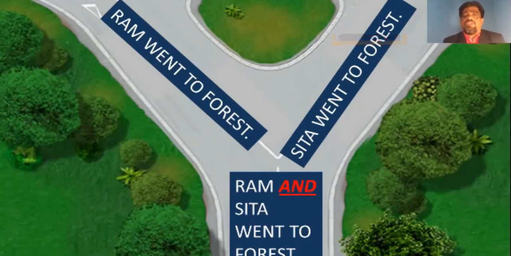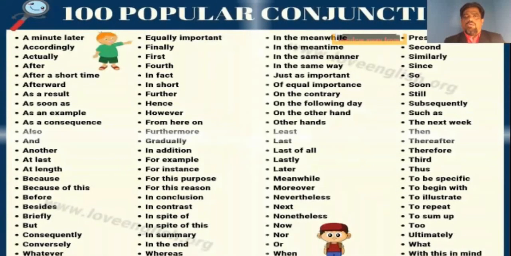Exactly that is the function of a conjunction. A conjunction is a joining word. Here I bring to you hundreds of popular conjunctions that could bring sentences into one, that could make more than one sentence into one.